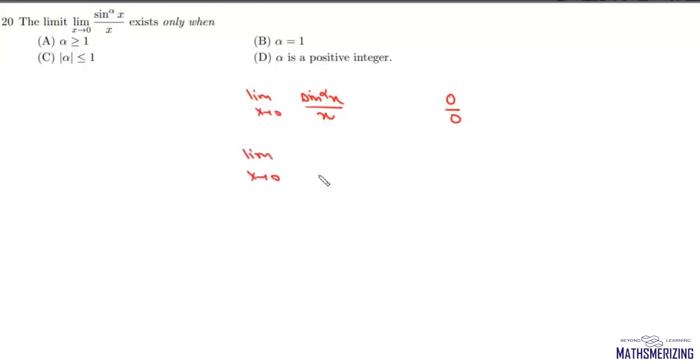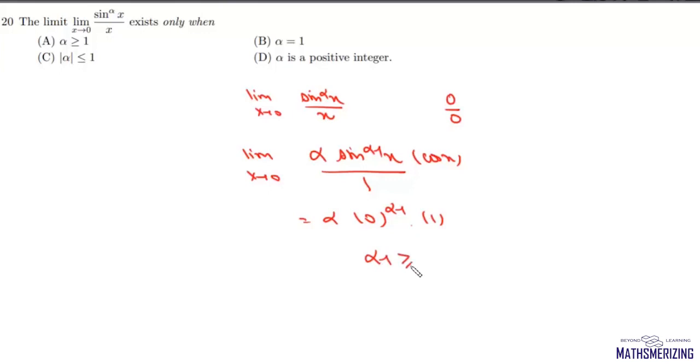We can write limit x tends to 0, alpha (sin x) to the power alpha minus 1 into cos x upon 1. So it'll be alpha 0 to the power alpha minus 1, and then cos 0 will be 1. Now this limit will exist when alpha minus 1 is greater than or equal to 0. So this limit will exist only when alpha is greater than or equal to 1, and that's your option A.